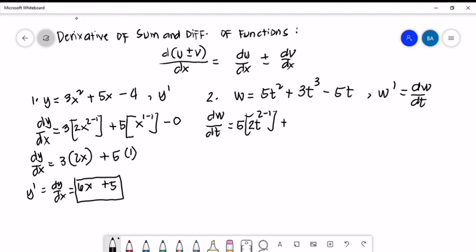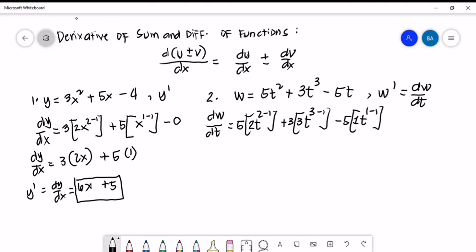Plus, separate the coefficient 3, bring down the exponent 3, copy the t, and then 3 minus 1. This is based on the exponent or power rule. Minus, let's separate the 5 times 1. We have exponent 1 here, and then t raised to 1 minus 1.